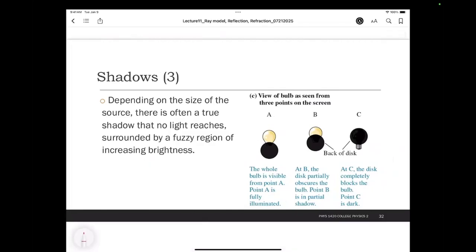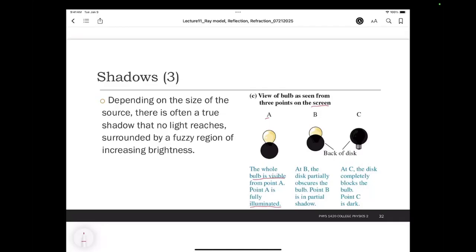If you view a bomb as seen from 3 points on a screen, the whole bomb is visible from point A. Point A is fully illuminated, and at B, the disk partially obscures the bomb.